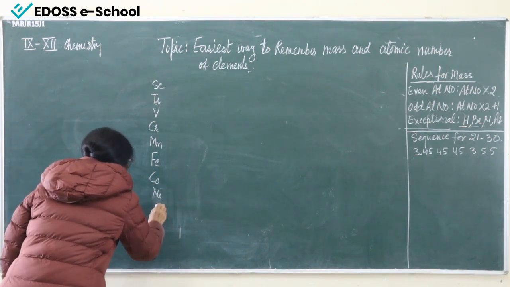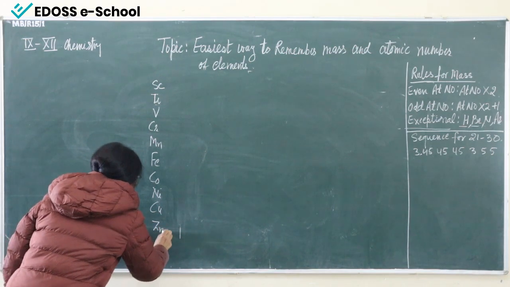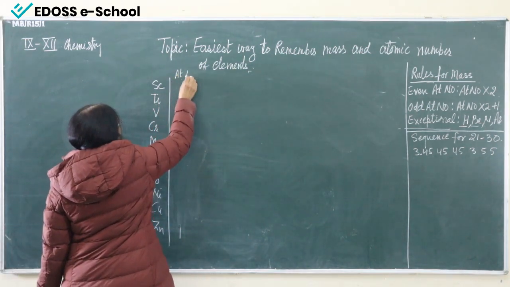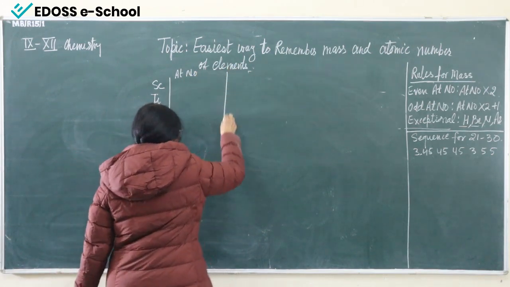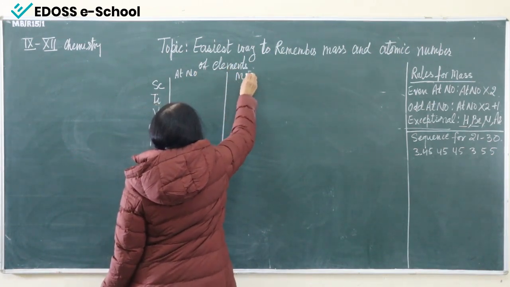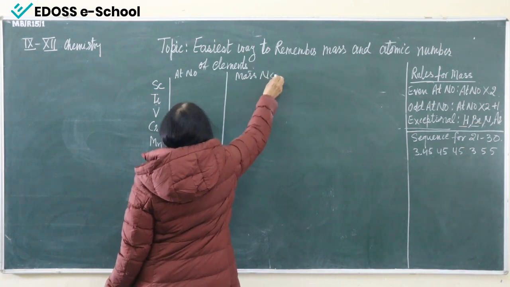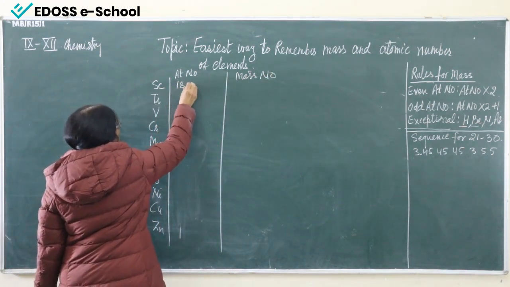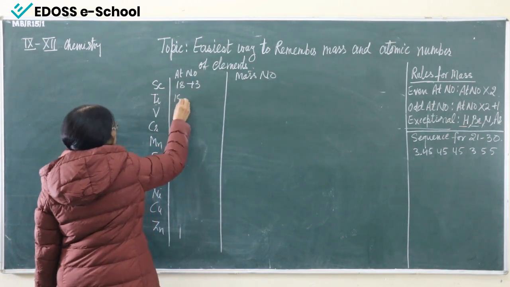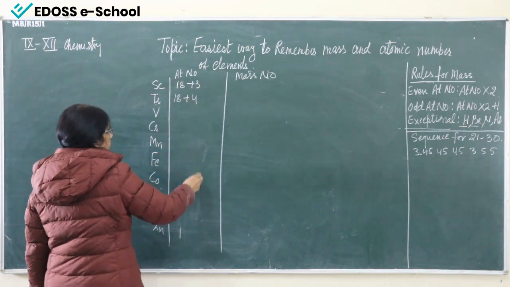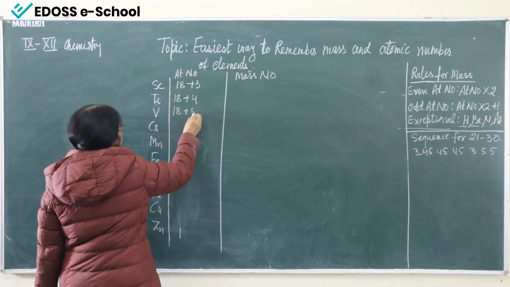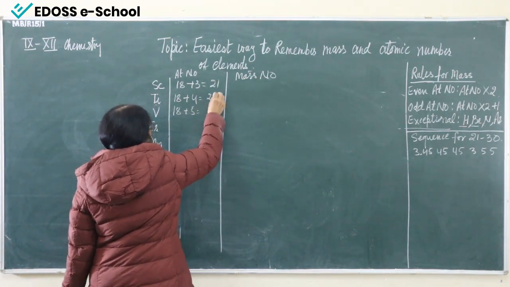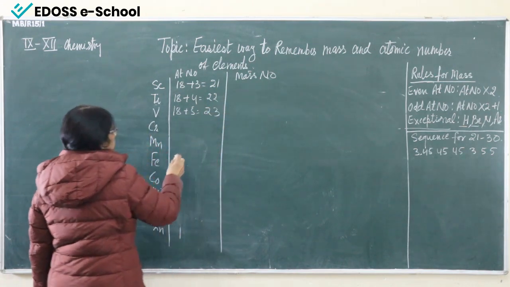Okay. So atomic number, and then this is mass number. Now see atomic number: 18 plus 3, 18 plus 4, in this way 18 plus 5. So this will come 21, 22, 23.